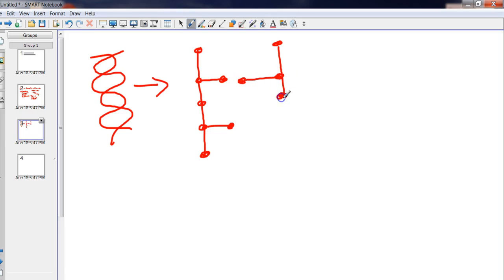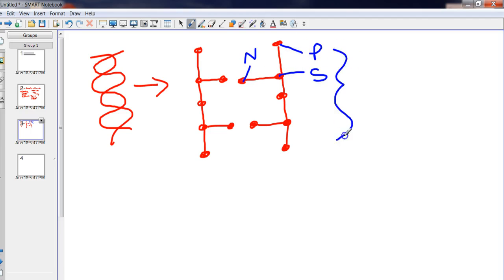What we're going to do is label the P, the S, and the N in this diagram. This right here is a P, that's the phosphate. This is a sugar group, and this is the nitrogen base. And this side is repeated on this side.